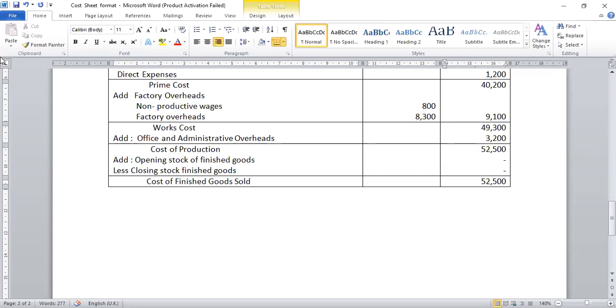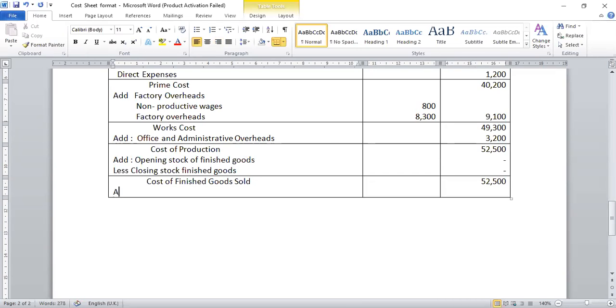Then selling and distribution overheads are there. So we have to add selling and distribution overheads. What is the amount of selling and distribution overheads? 4,200.